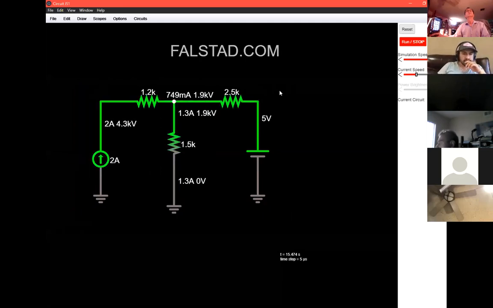So right now I have my circuit drawn and it doesn't show any errors. Up here in the top right, you have run and stop. So while you're building, you can stop your program, and when you're ready to run it, it's basically simulate. That's how you get your program running.